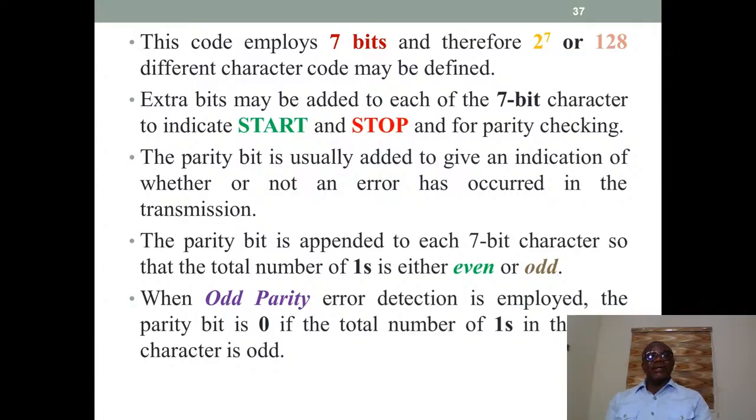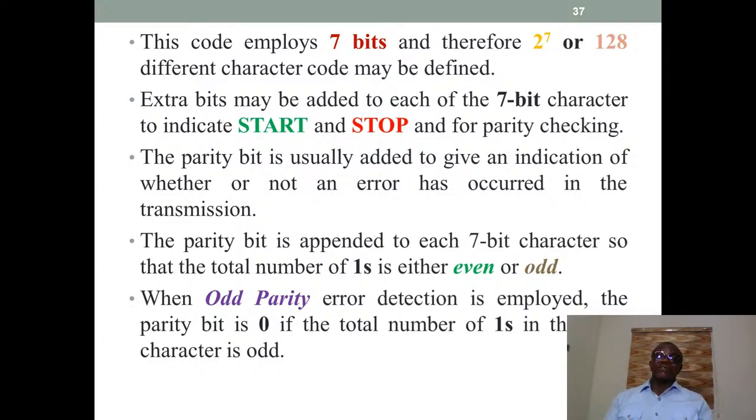But for now, the parity bit is usually added to give an indication of whether or not an error has occurred in the transmission. By the time the computer finishes all these manipulations of zeros and ones, it may have to transmit the result somewhere else.